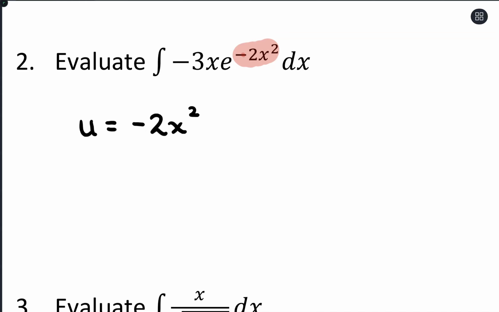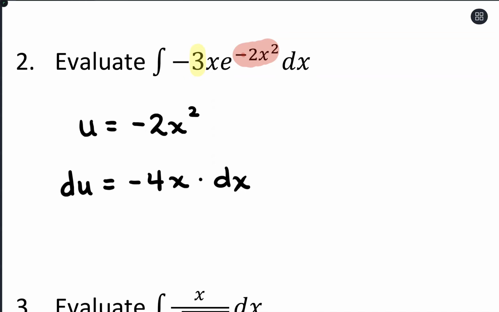If we do that, then if I take the derivative du, we're going to have negative 4 times x times dx. So we're almost there. What I will note is that we actually have a 3 up here instead of a 4, but using some kind of methods with our substitution, we can make that work out.